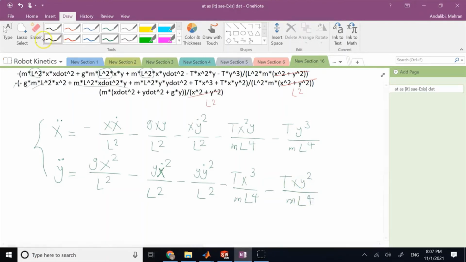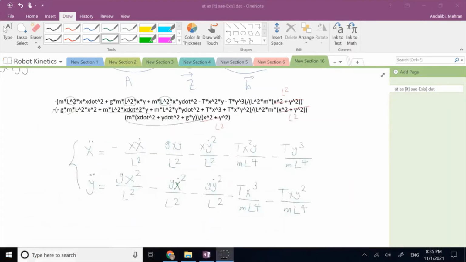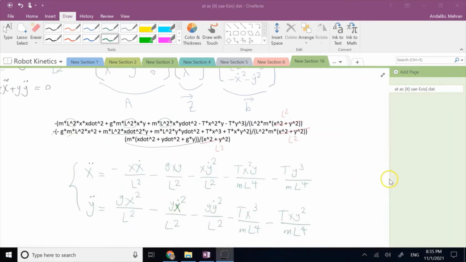So these are the solutions for what? x double dot and y double dot in terms of everything else, which you can definitely go ahead and double integrate versus time, given the 4 initial conditions that you have, x and y at 0, x dot and y dot at 0. Okay, so this is for this system.